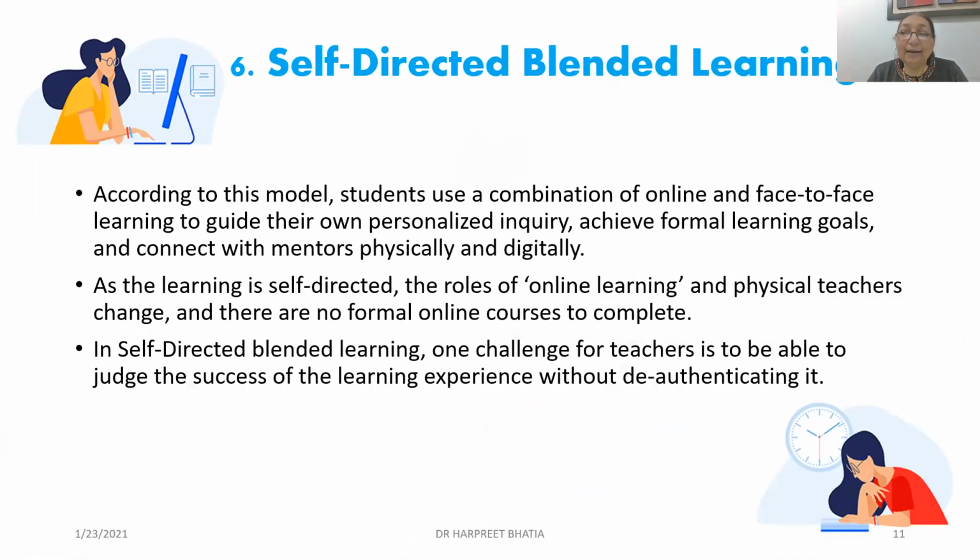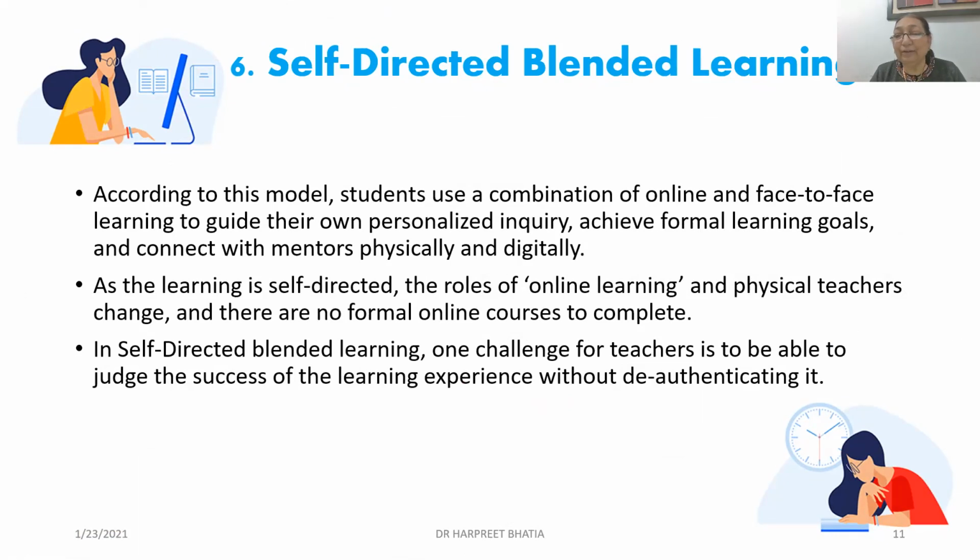The sixth and the last model that I have taken up over here right now for our discussion is the self-directed blended learning. Here, the students decide on their own what exactly it is that they want to learn. They use a combination of online and offline learning to help them answer the questions that have arisen in their own mind.